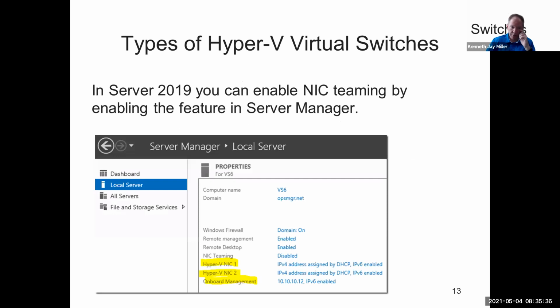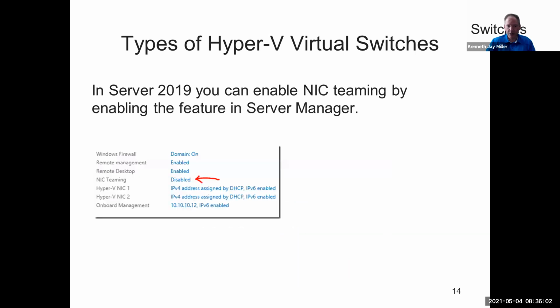Now in Server 2019, you can enable this right within Server Manager. So if you go into the local server and scroll down to where we have our network cards, these network cards are here, and we can click on this NIC teaming and go in and select what network cards we want to enable.